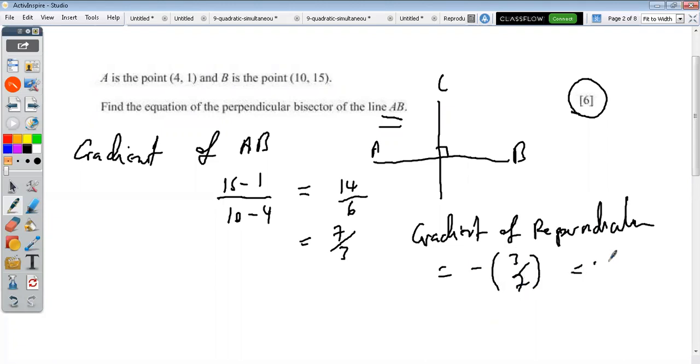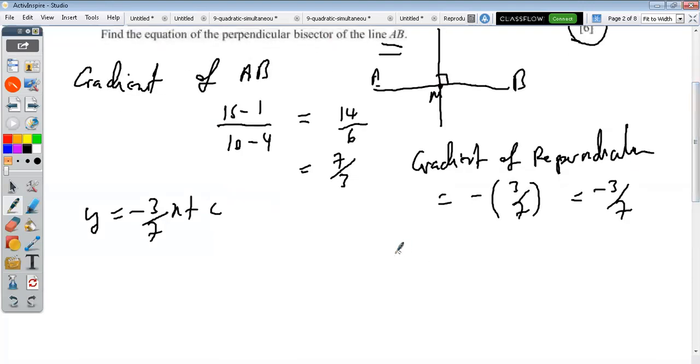So we get minus 3 over 7, which means the line we want is y is equal to minus 3 over 7 x plus c. We can't get the c without knowing a point, but we know that it's a perpendicular bisector, so it's at the midpoint of AB. So we have to find the midpoint of AB.